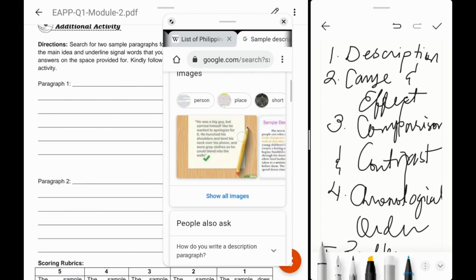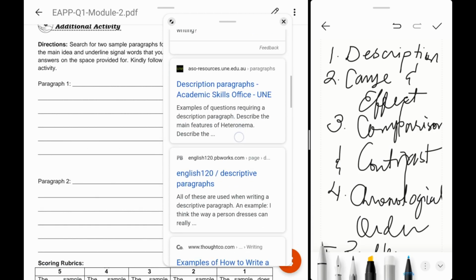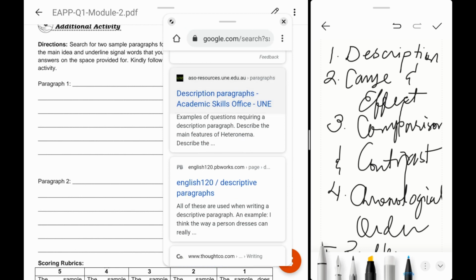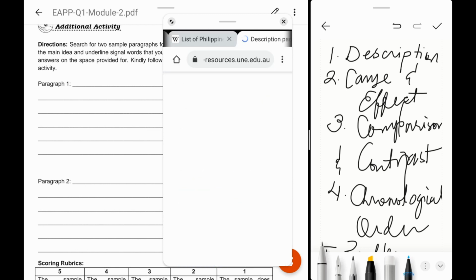And you would see there a lot of sample description paragraphs already. Okay? Just select one paragraph.